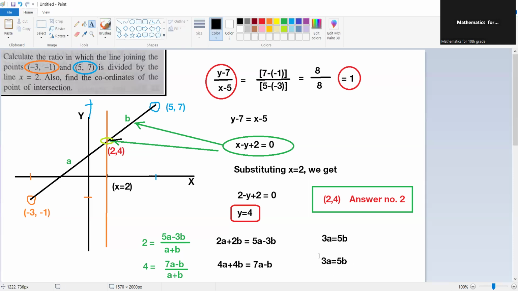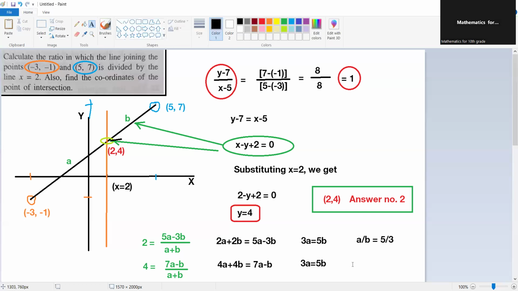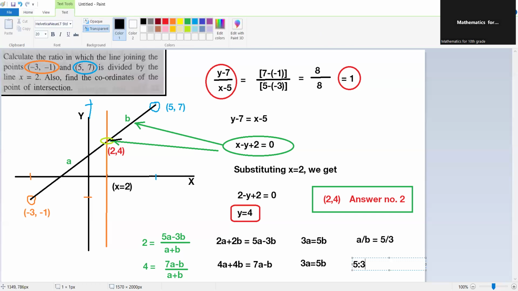So what is asked is the ratio, that is A to B. Because first they say this point minus 3 comma minus 1. So we need to find the ratio A by B. So they are asking for the ratio A by B. So A by B is equal to 5 by 3. So the ratio is 5 is to 3.